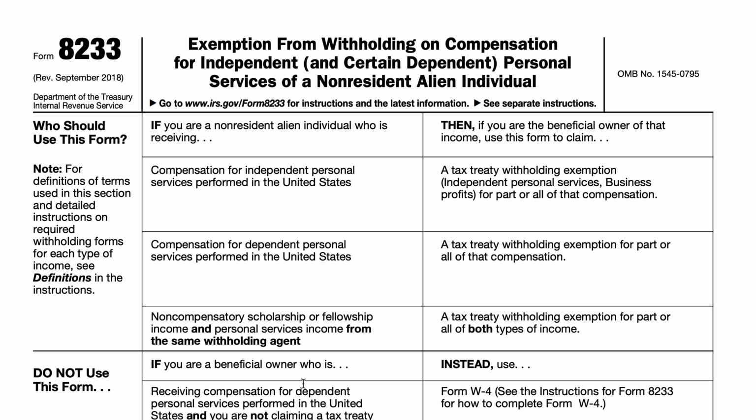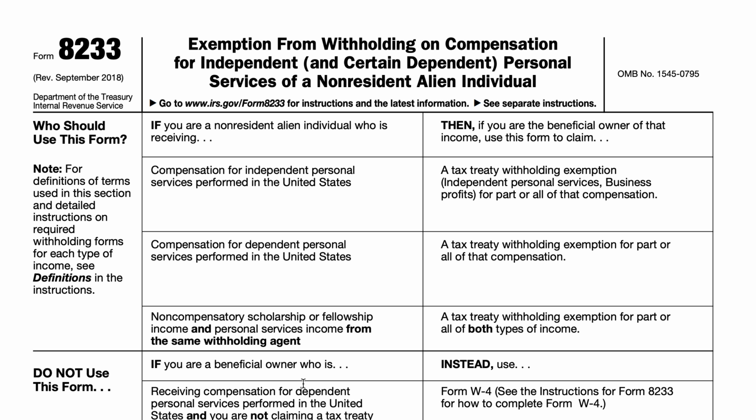So basically, this tax form is used by workers who are non-resident aliens within the United States, who are residents of a different country, claiming a tax benefit under the tax treaty between that country and the United States. So a couple of considerations here.